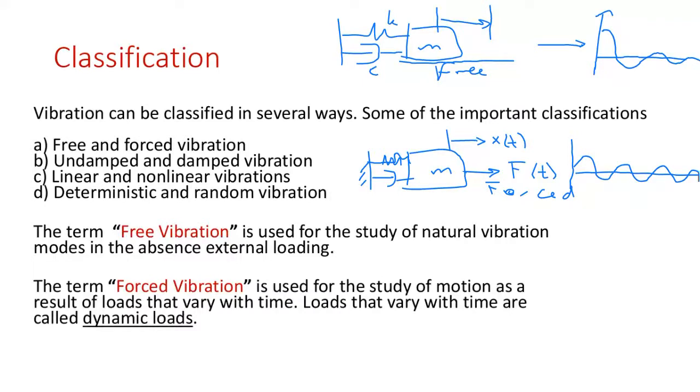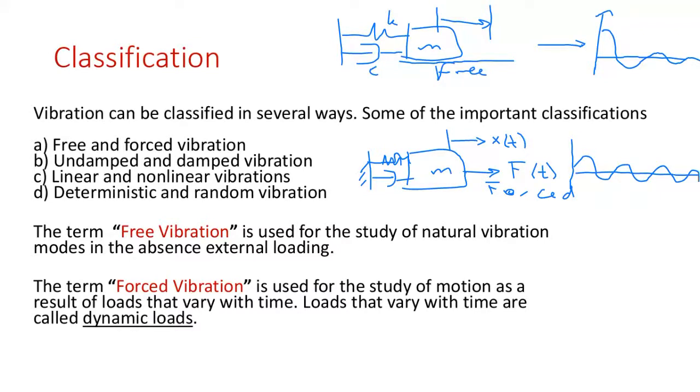Nonlinear vibrations is when you have elements that are nonlinear. Those are hard to analyze, so we won't really be dealing with that. And there are deterministic and random vibrations. We will be dealing with deterministic vibrations. We will be looking at the simpler cases.